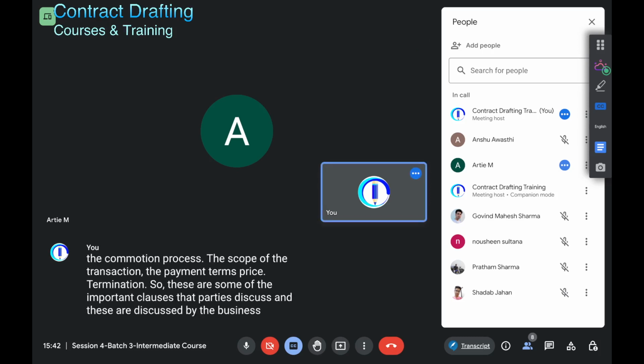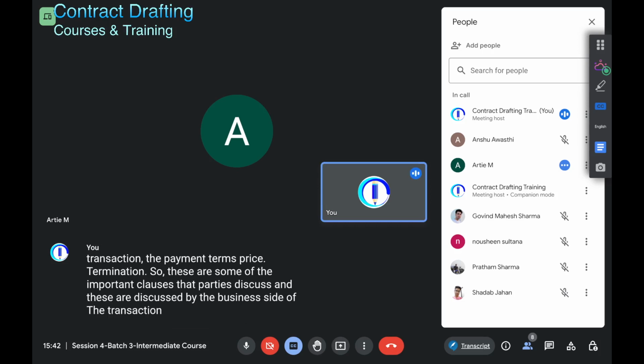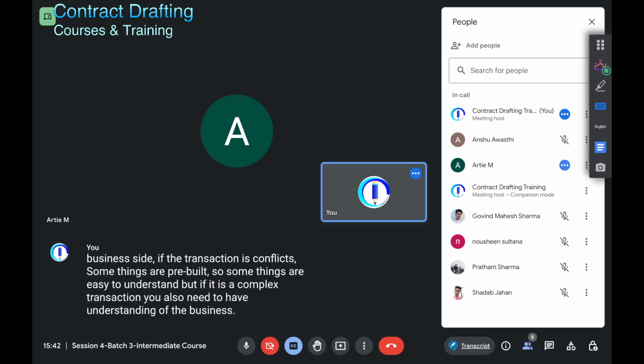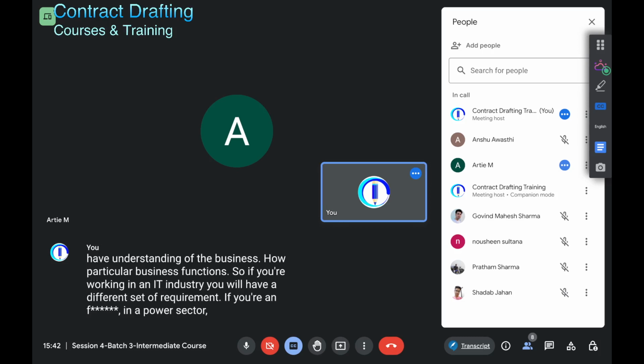You may get a summary, or you may have to understand from the business side if the transaction is complex. Some things are pre-built, so some things are easy to understand. But if it is a complex transaction, you also need to have an understanding of how a particular business functions. If you're working in the IT industry, you will have a different set of requirements. If you are working in the power sector, you will have a different set of understanding. So understanding a business is also a requirement of a contract drafter.